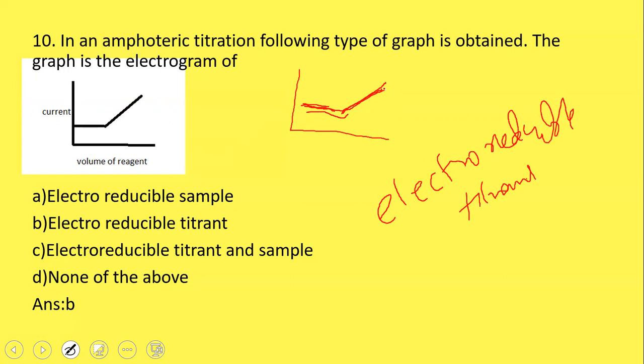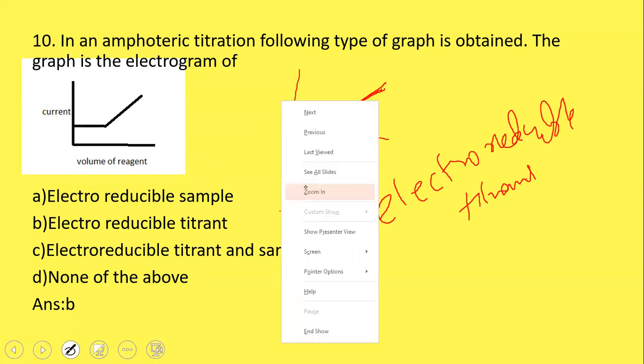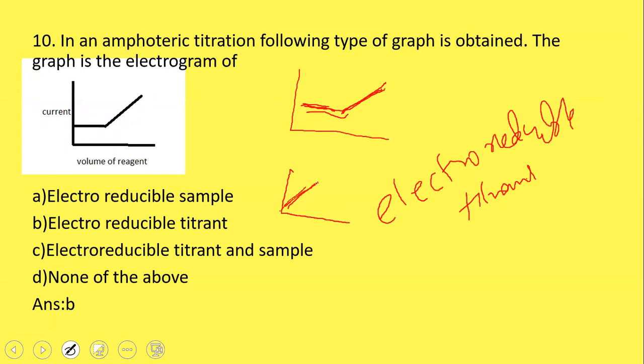If it is an electroreducible sample, then there is a decrease and then an increase in the graph. This will be the graph. If both titrant and sample are electroreducible, then a V-shaped graph will be obtained.